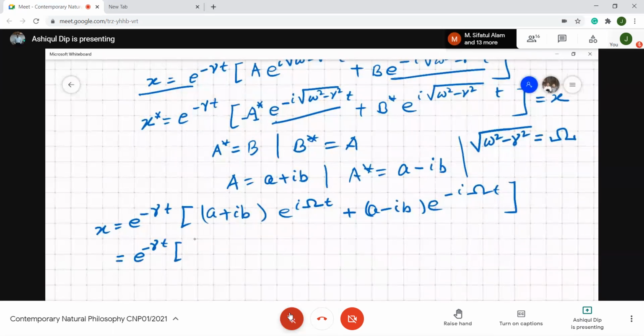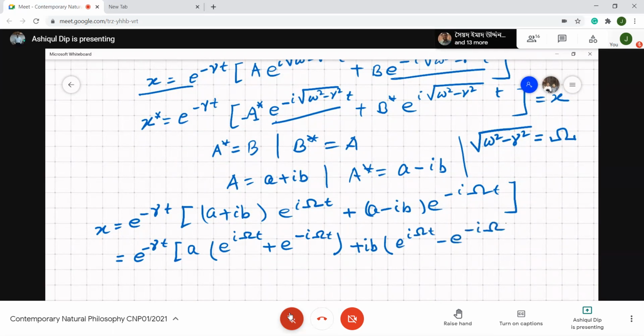Okay, so we can add the real parts. We can factor out the a, and we can have e to the power i omega t plus e to the power minus i omega t. This is one thing, and then plus, if we factor out ib, we have e to the power i omega t minus e to the power minus i omega t.